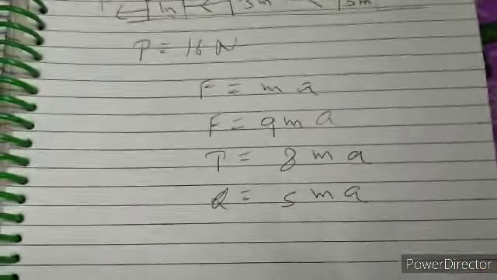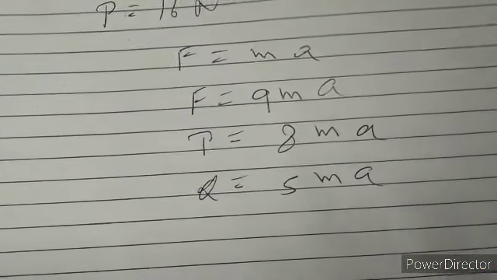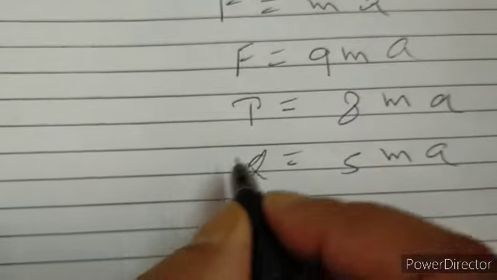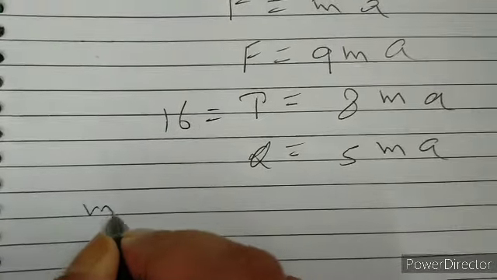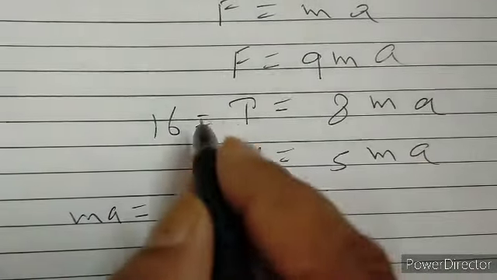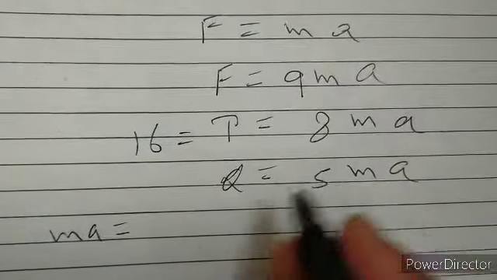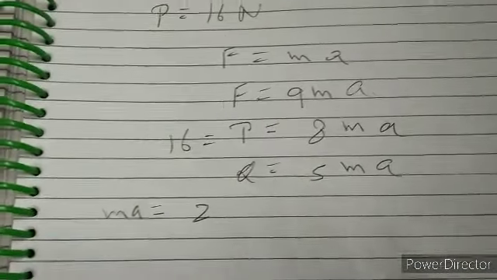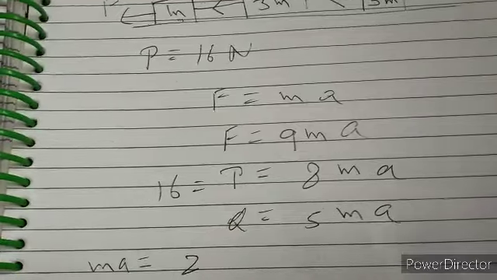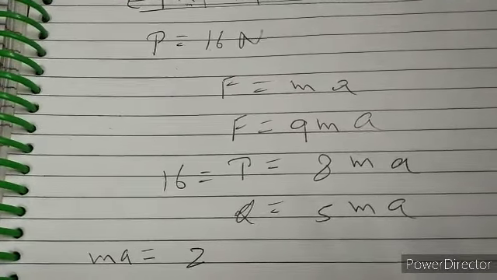Then P is given, this is 16. Then 8 Ma is 16, so Ma is equal to 2, because 8 times 2 is 16. Ma is equal to 2.